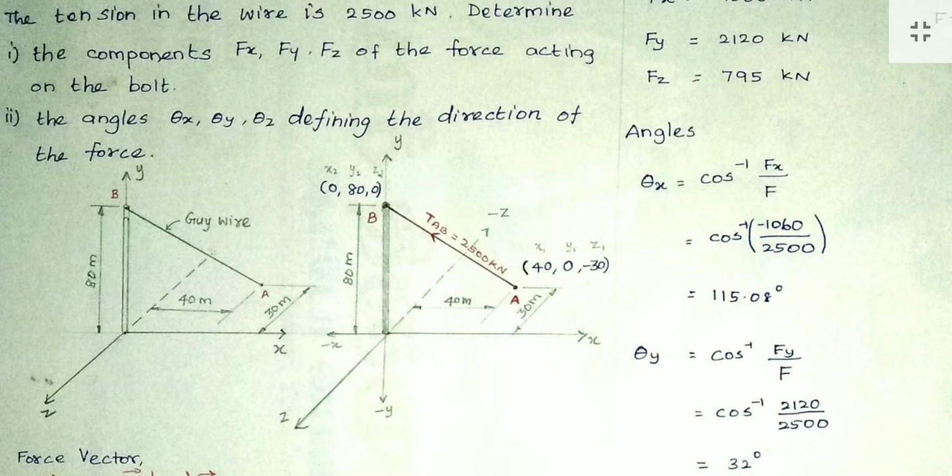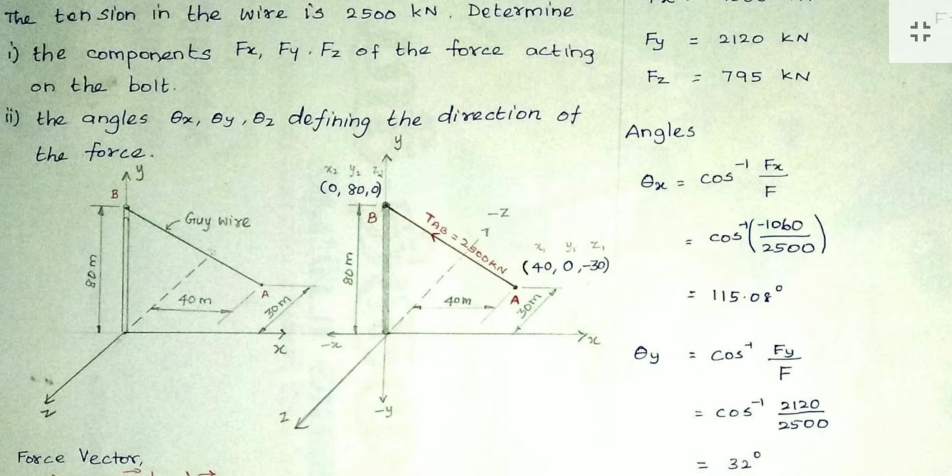For A, this 40 meter dimension is given, marked parallel to the x-axis from the origin up to A. So the x coordinate is 40, the distance from the origin along the x direction. It is towards the right, not the left, so it is positive x direction, plus 40.